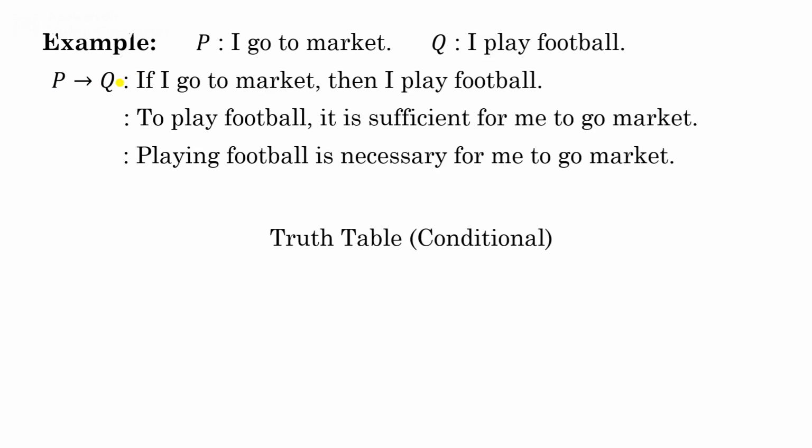So now we'll check the different truth values of P implies Q. In the first case, if both are true, then obviously the conditional statement P implies Q is true, because we are saying if P then Q. It means whenever P is true, Q is true. So both are true, which means this is true. Now P is true and Q is false. According to this condition, if P then Q must be true, but P is true and Q is false. It means this condition is false.